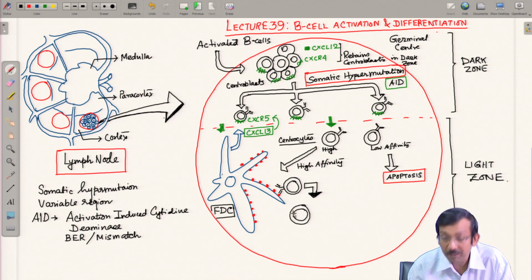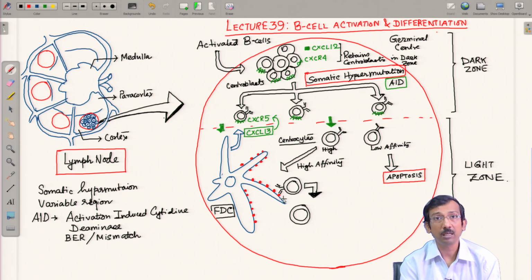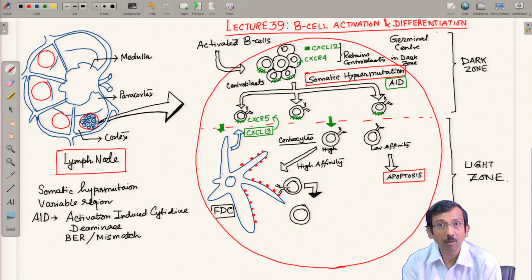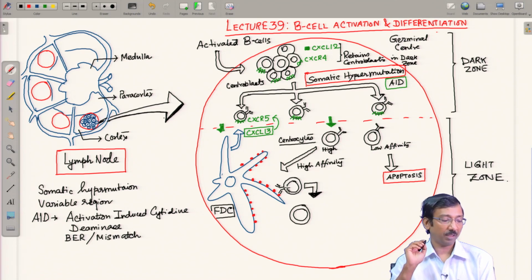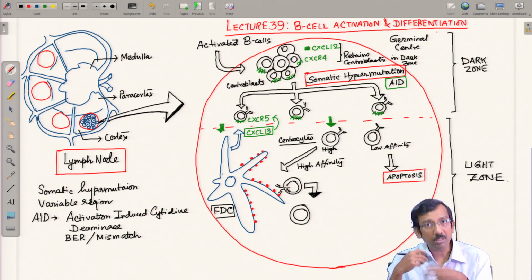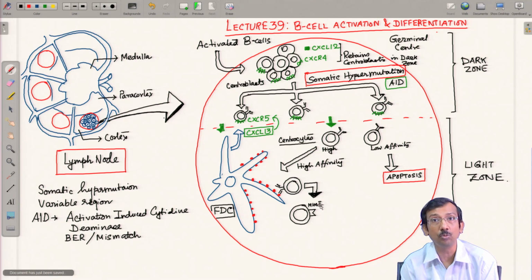Now, again these B cells which have high affinity and have interacted with an antigen with a very high affinity will now again internalize the antigen, process it, and again present it on the surface by MHC class 2. So, then again there is an MHC class 2 interaction.